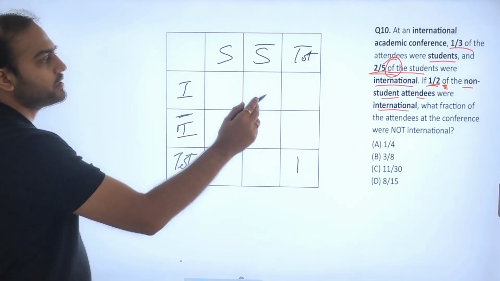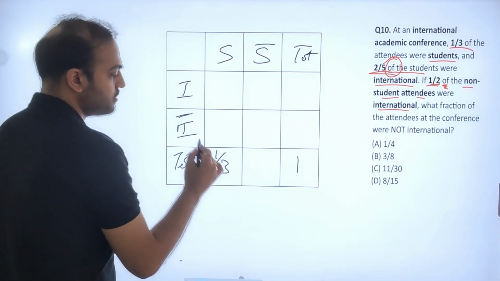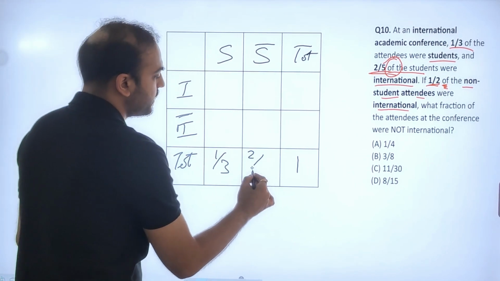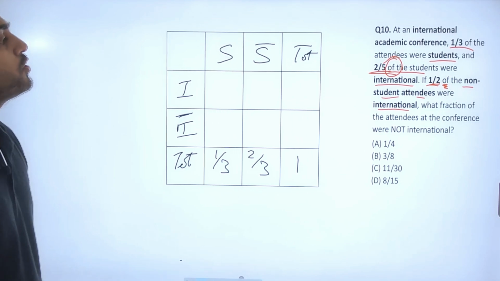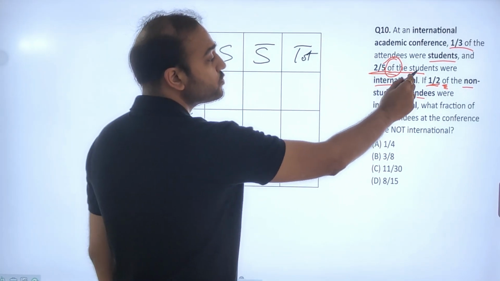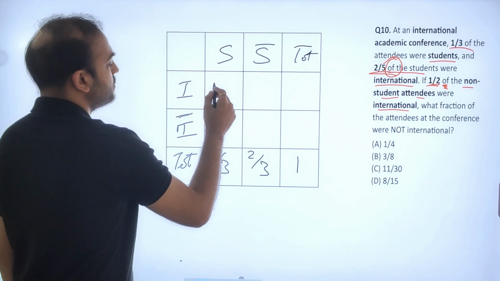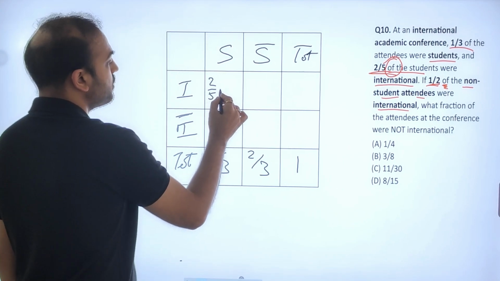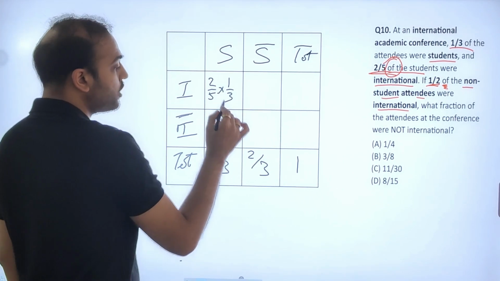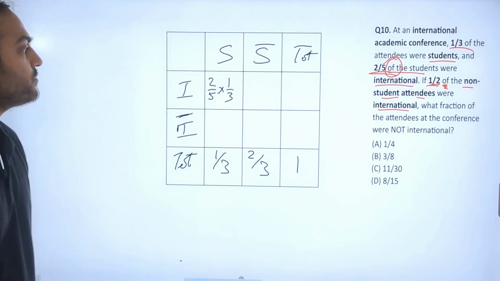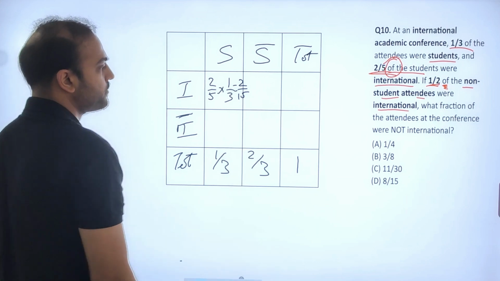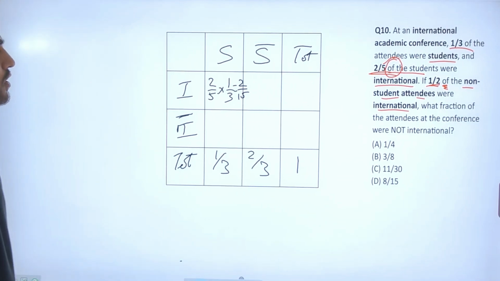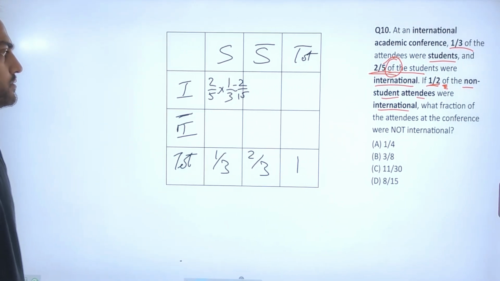1/3 were students, that means 2/3 are non-students. 2/5 of students were international. So 2/5 of students, not 2/5 of the total. If you solve that, that's 2 by 15.